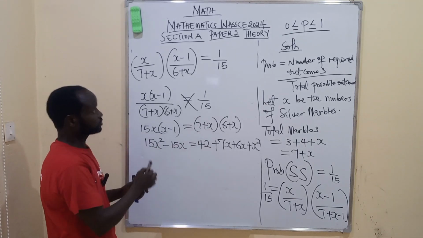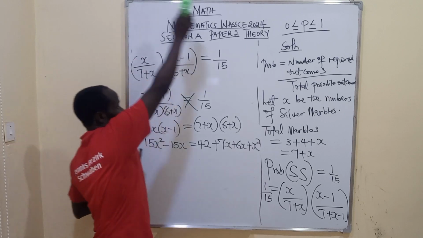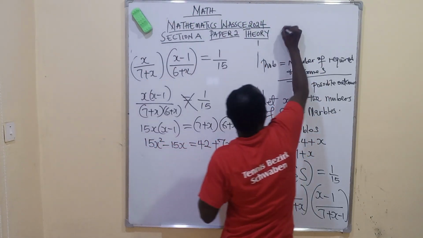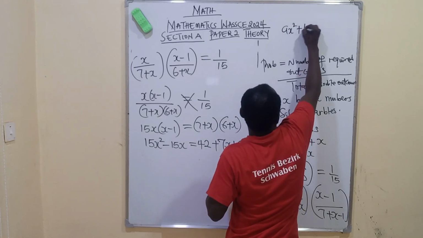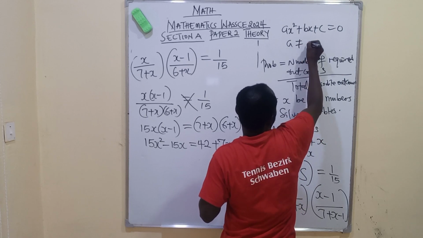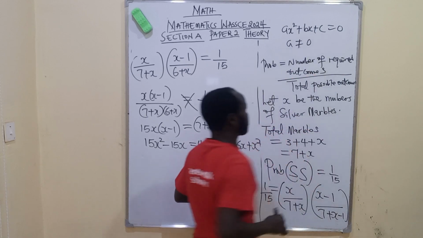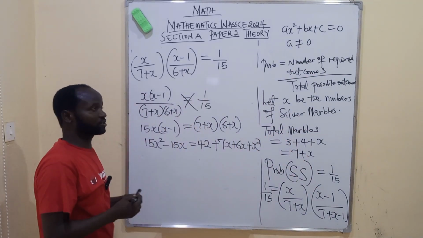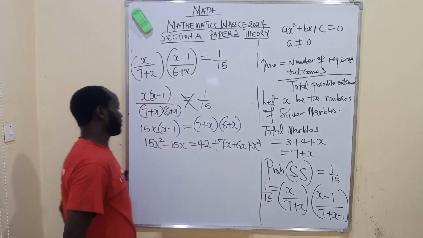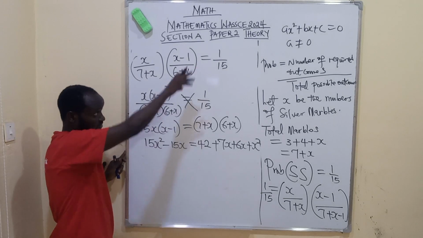So let's rearrange, because a quadratic equation is of the form ax squared plus bx plus c equals 0, given that a will never be equal to 0, because if a is equal to 0, it will turn this equation to be linear. Okay, so let's rewrite this in that form.